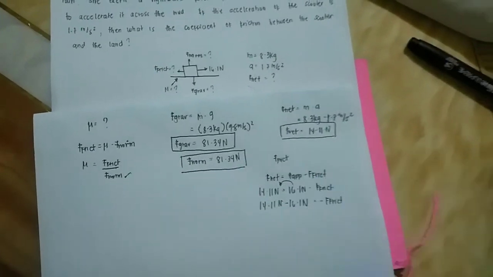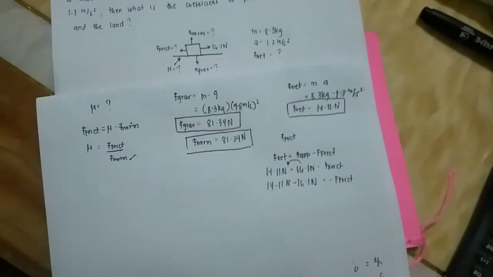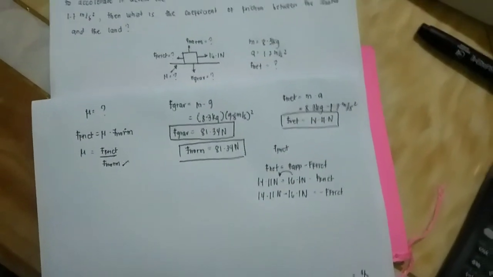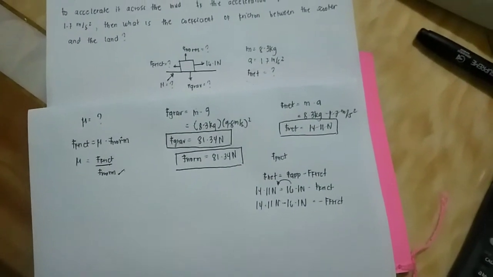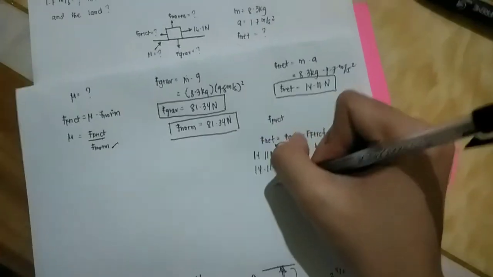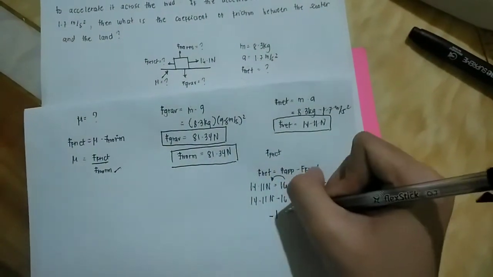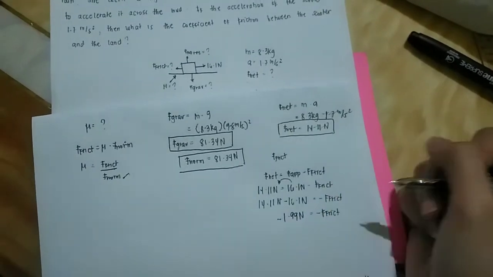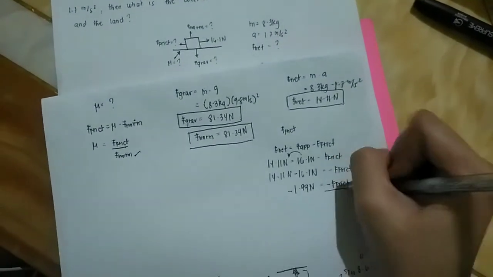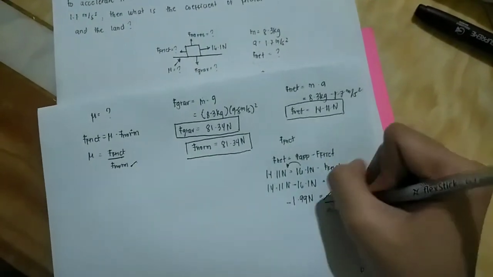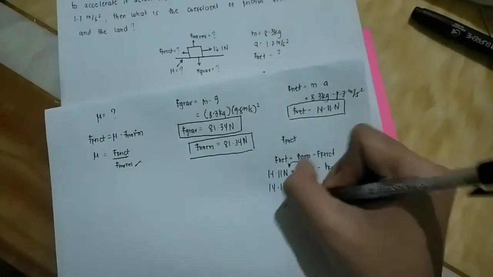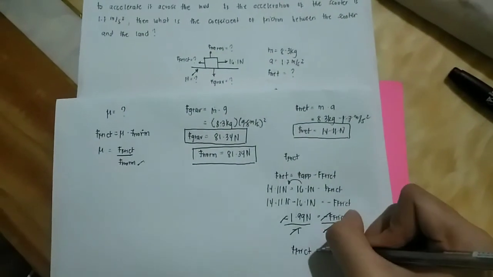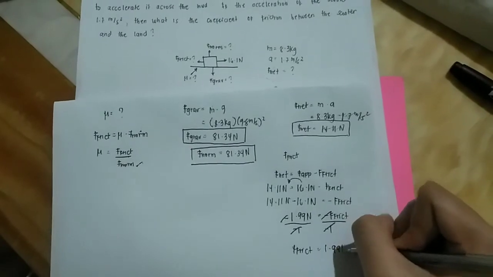Simply subtract these values: 14.11 minus 16.1. We get negative 1.99 Newton equals negative F brake. To cancel out the negative sign, just divide both sides by negative 1. Therefore, the F brake is equal to 1.99 Newton.